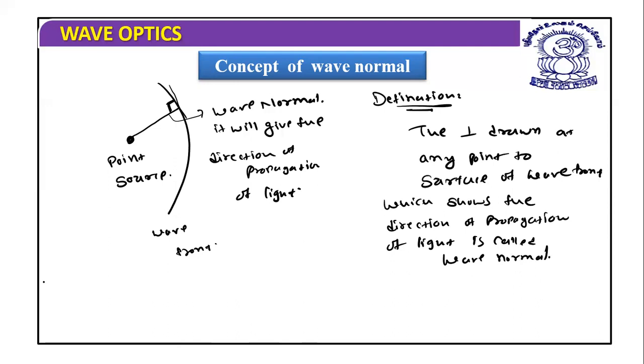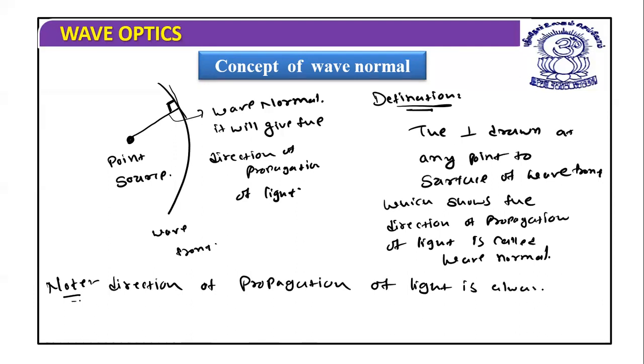So from here, we can note this point that the direction of propagation of light is always perpendicular to wavefront.